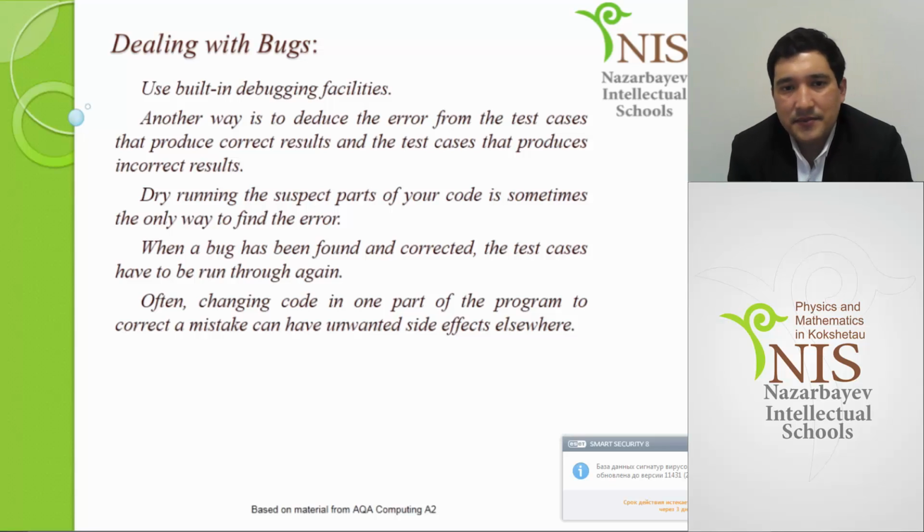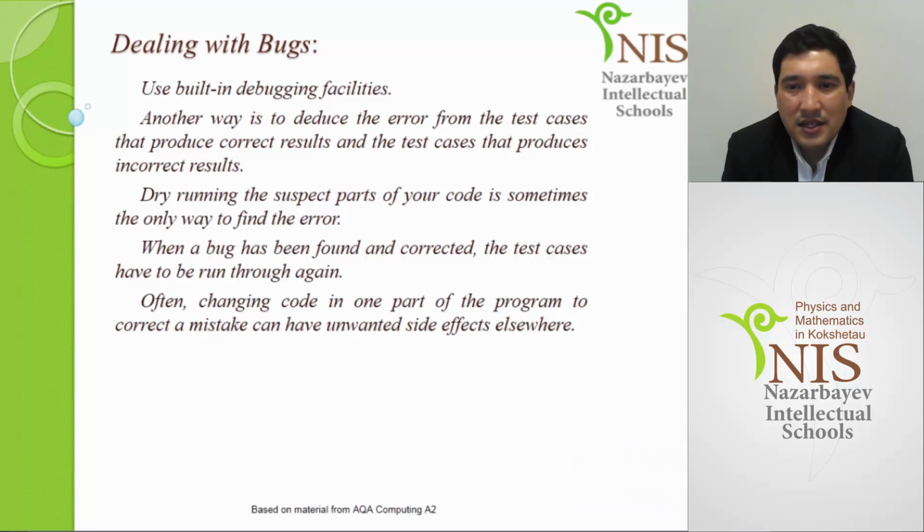Dealing with bugs. Use built-in debugging facilities. Another way is to deduce the errors from the test cases that produce correct results and the test cases that produce incorrect results.